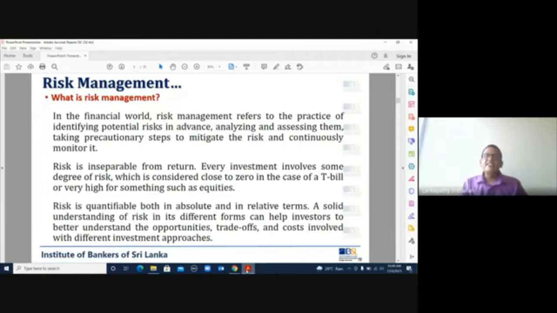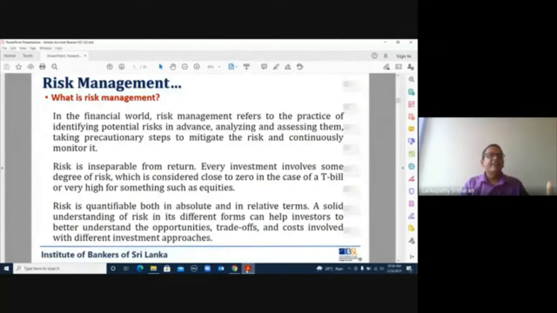In the financial world, risk management refers to the practice of identifying potential risk in advance, analyzing and assessing it, taking precautionary steps to mitigate the risk, and continuously monitoring it. This is called risk management. We will discuss this later in detail.